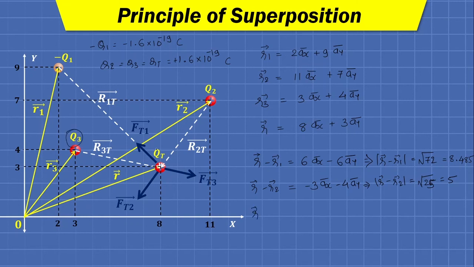And for the third charge, that is q3, r bar minus r3 bar, that is the distance vector between q3 and qt, can be calculated as plus 5ax bar minus ay bar.